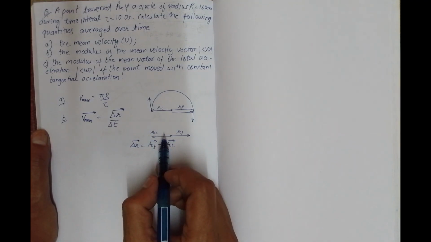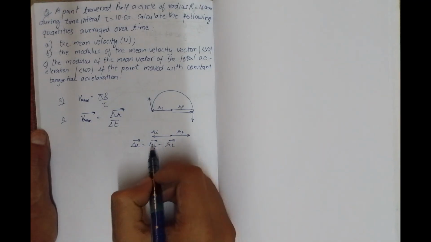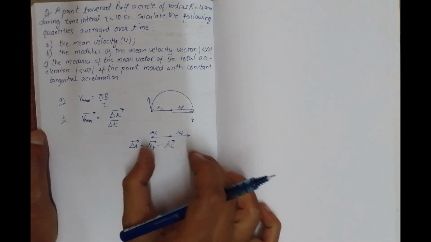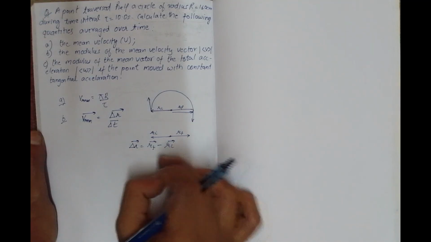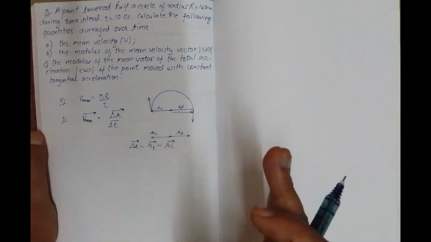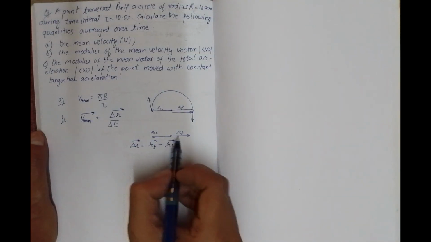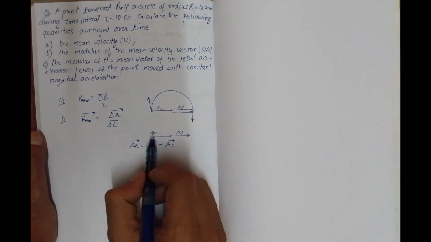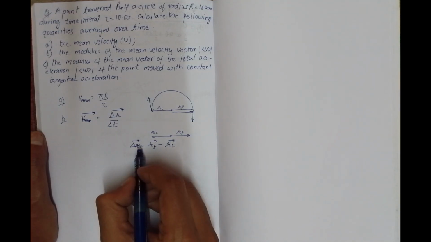We are seeing here that Rf and Ri are in the opposite directions, right? So because of that, Rf minus Ri effectively will be equal to Rf plus Ri. In terms of magnitude, we can say that Rf minus Ri will have a magnitude which is equal to the magnitude of Rf plus the magnitude of Ri. Why? Because these vectors are in the opposite directions, right? So the total displacement or the total change in R will be equal to Rf plus Ri in terms of the magnitude.